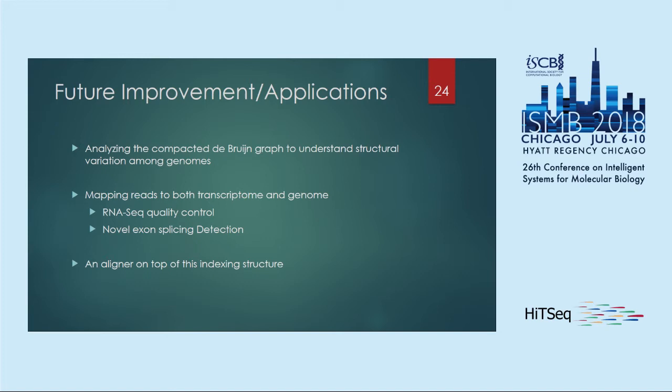We can map the reads back to both transcriptome and genome, and index transcriptome and genome together. Hence, we can have an application that searches for novel splicing events or does RNA sequence quality control, and we already have a lightweight mapper for pufferfish.